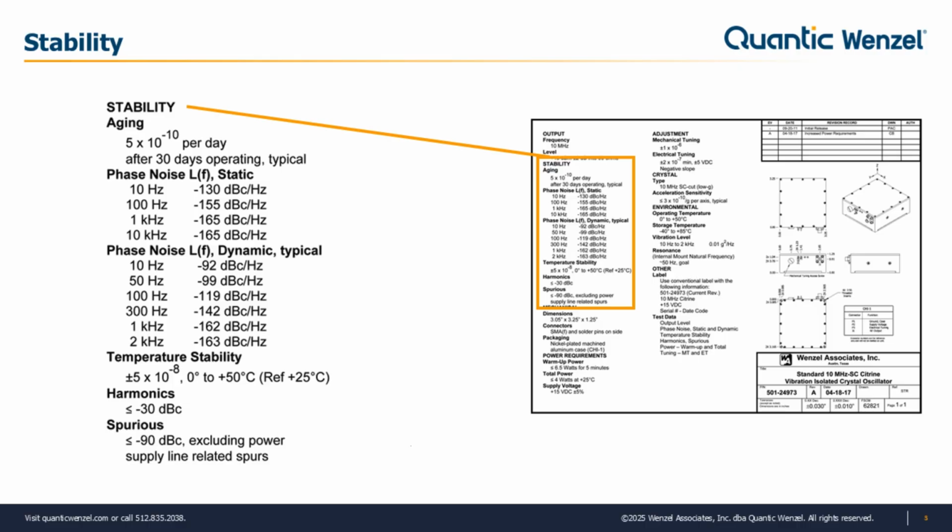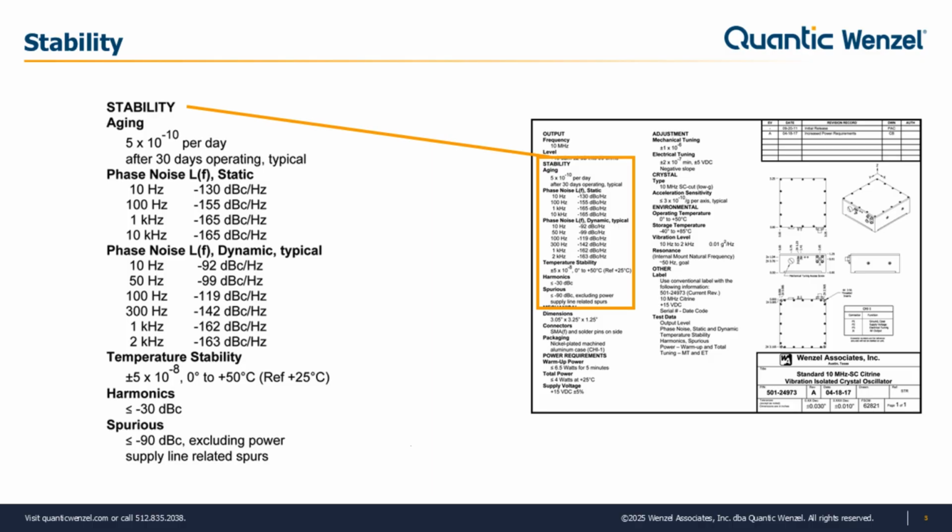Harmonics are unwanted signals at integer multiples of the fundamental frequency. The specification is written to define how far down, at a minimum, are the power levels, in decibels, of the harmonic signals from the power level of the fundamental frequency. Spurious signals refer to unwanted frequency components in the output signal which are not harmonically related to the fundamental frequency.